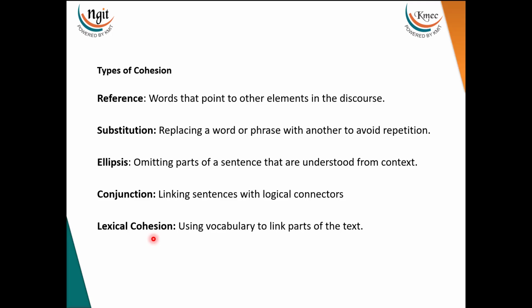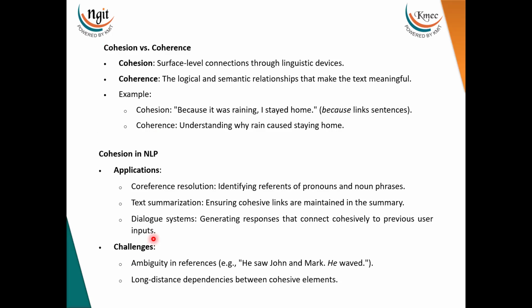Then we talk about cohesion versus coherence. Cohesion is surface level connections through linguistic devices. Coherence is the logical and semantic relationships that make the text meaningful. Here is the best example with which you can understand both. "Because it was raining, I stayed home."